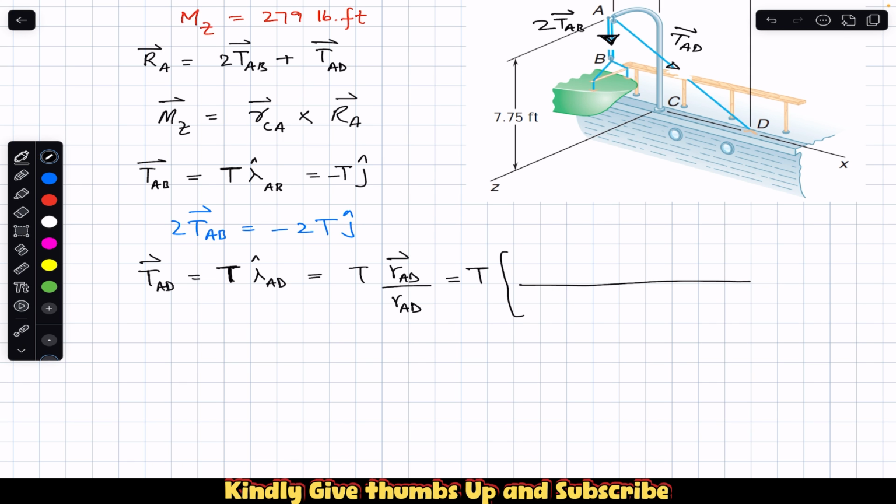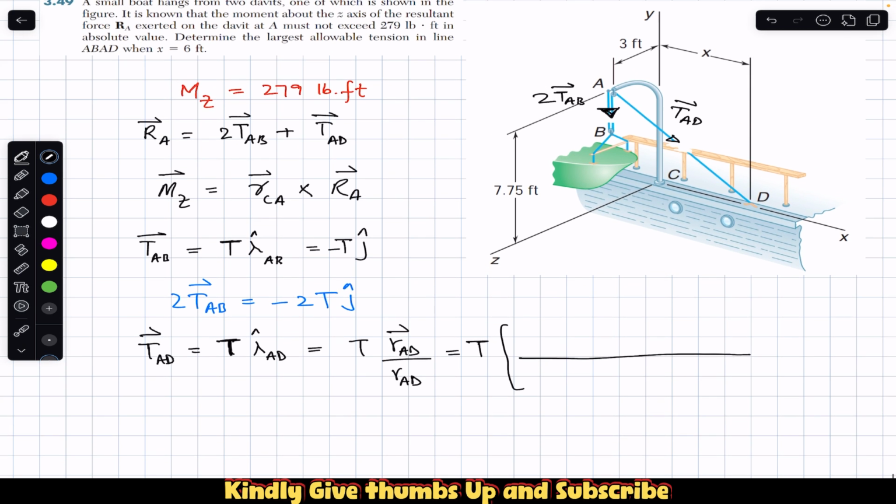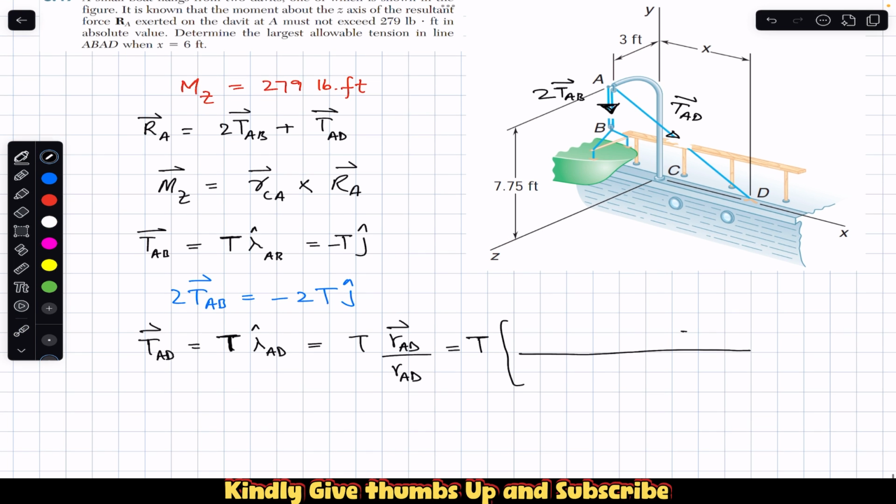Now we can find the position vector from A to D if we start from A and travel along the x, y, and z axes in any sequence. So let's say from A we need to move 3 feet in the negative z. This is the positive z, we are moving in the opposite direction. So 3 feet in the negative z means 3 feet in the negative k. So I will reach somewhere here, and then from here I need to travel 7.75 feet in the negative y, so that is in the negative j.